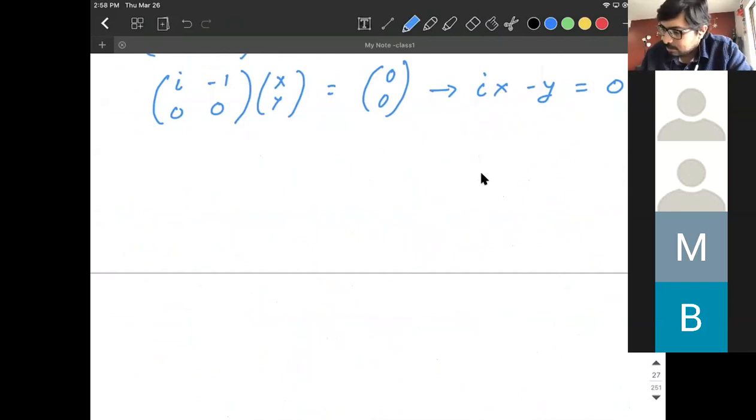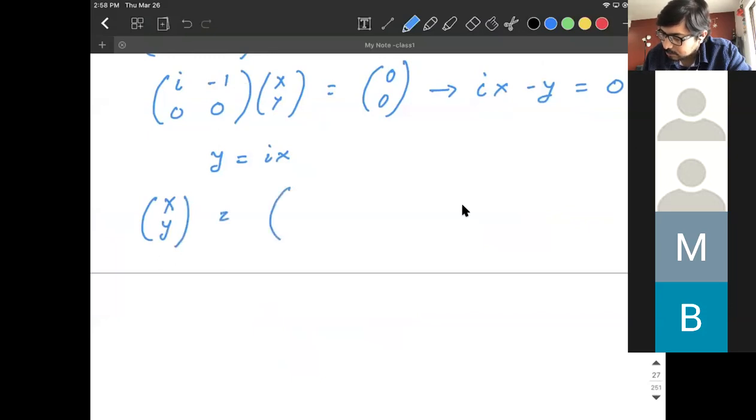Okay, so then what it means is that y is equal to ix. So a general solution is of this form: (x, y) equals x times (1, i).